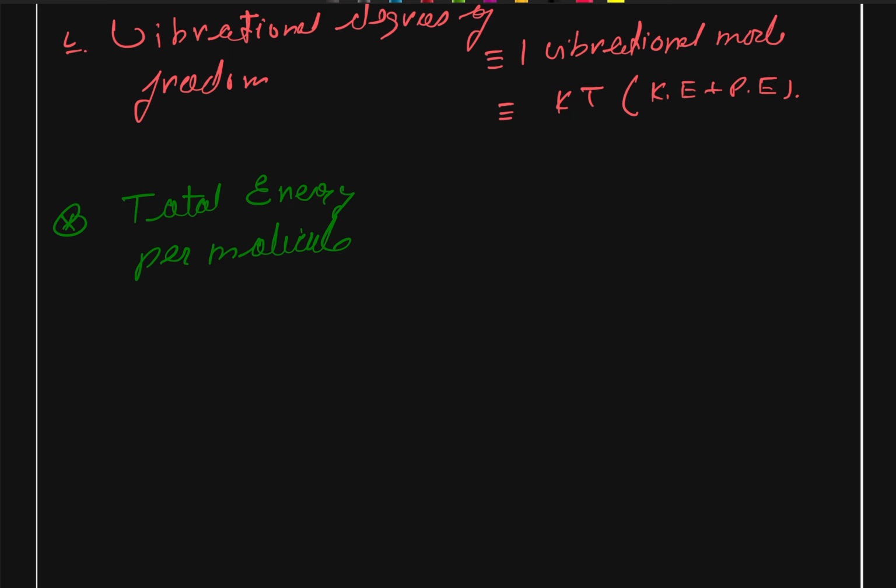Now we can write down the total energy per molecule. Total energy per molecule will be 3 by 2 kT plus kT plus kT, which gives us 7 by 2 kT.